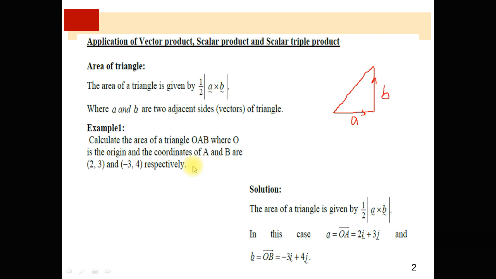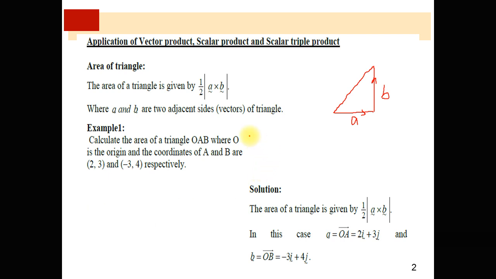To find the area of the triangle, the formula is the magnitude of the cross product of any two adjacent sides of the triangle divided by 2. So in this case, first of all, find vector A. Vector A is OA. Any vector defined by 2 points, OA, is equal to A minus O. Origin has the coordinates 0, 0.